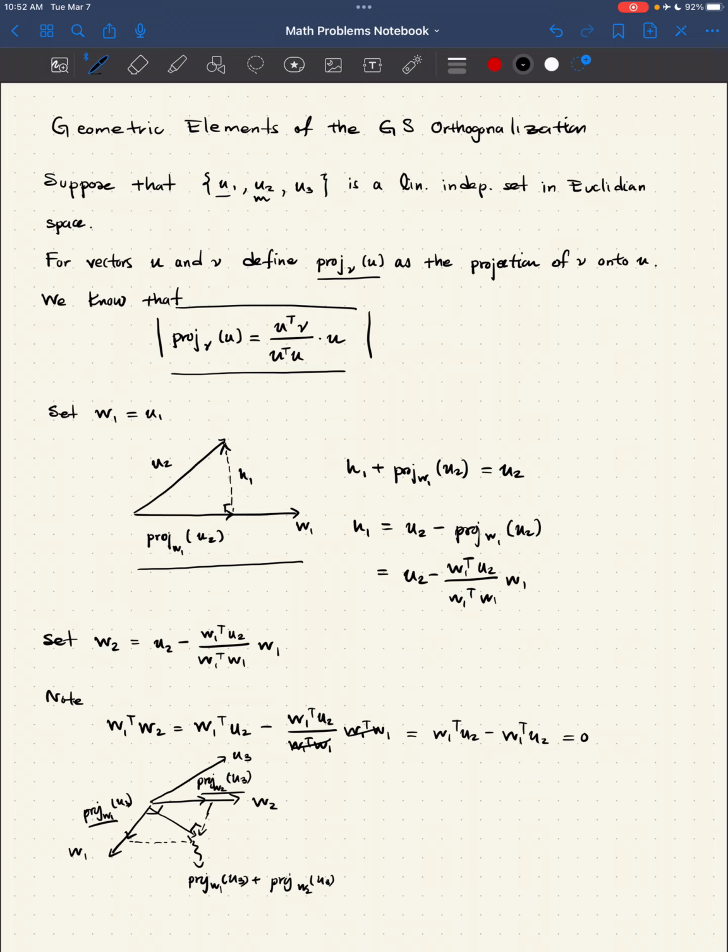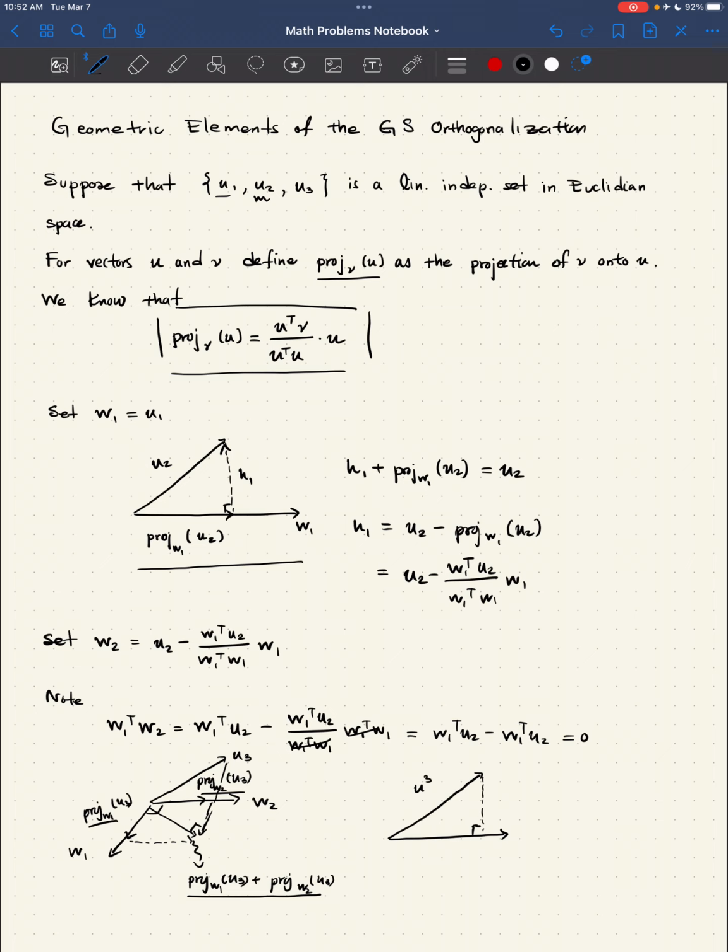So we have the following. We may consider this as the sum of these two vectors, and then here just U3. This one corresponds to the height of this triangle. Here is the 90-degree angle.